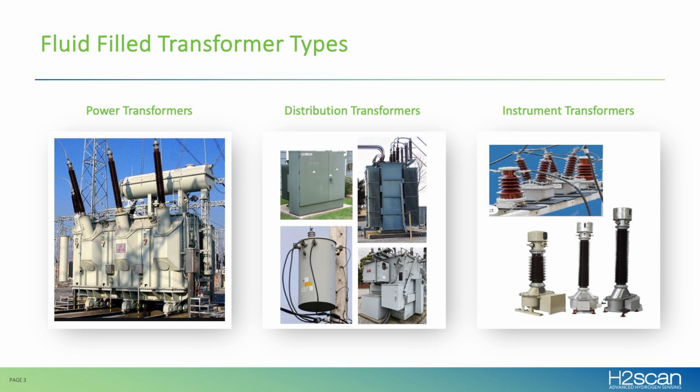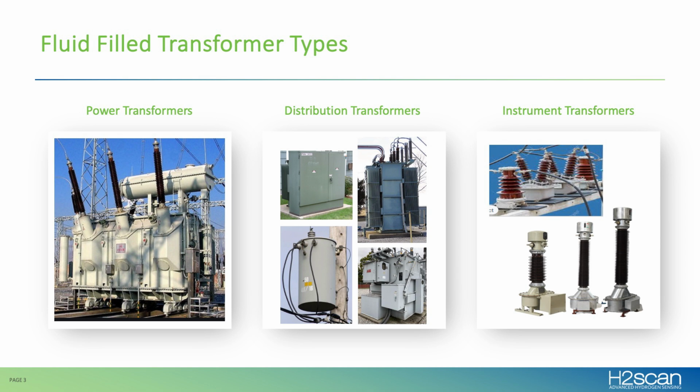For those that aren't very familiar with transformers, we generally put them in three different categories. We have power transformers that are generally the larger transformers. You've got large power transformers that are generally 100 MVA, and medium power that's probably between 30 and 100 MVA.